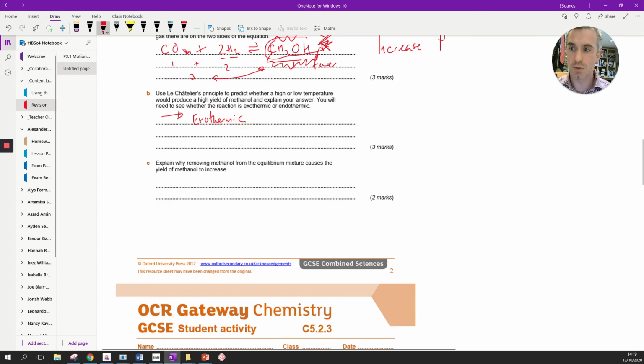So what can you do to the reaction in terms of temperature that's going to move the position of equilibrium even more to the right, even more in the direction of the exothermic reaction? You want to make sure equilibrium moves to the right hand side, because that is where this is. So what can you do that will improve the reaction by moving it more into the exothermic reaction? Please, again, I need you to pause the video and try and answer this question.